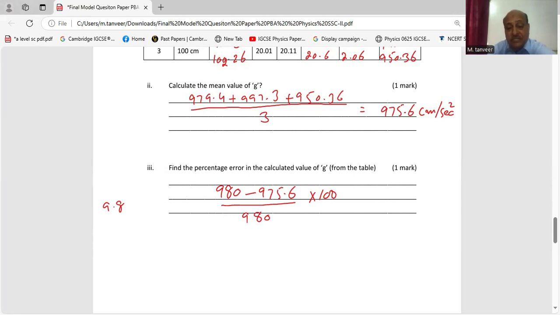We can find the percentage difference. 980 minus 975.6 equal to this, multiplied by 100, divided by 980, gives 0.449%. This is the percentage error.